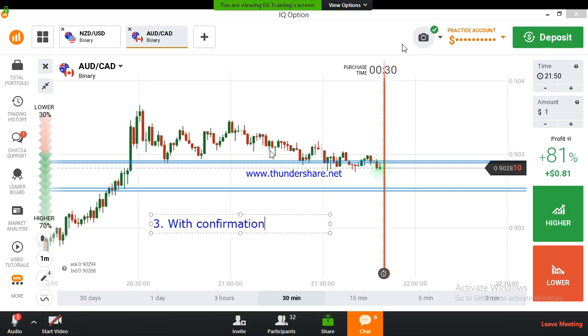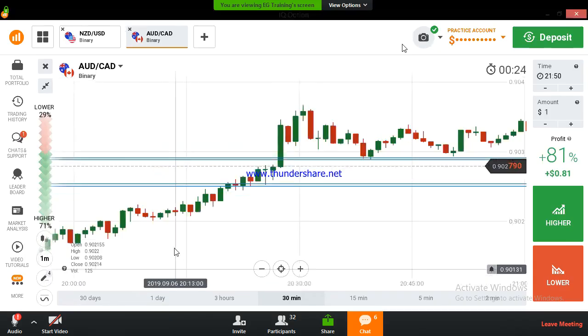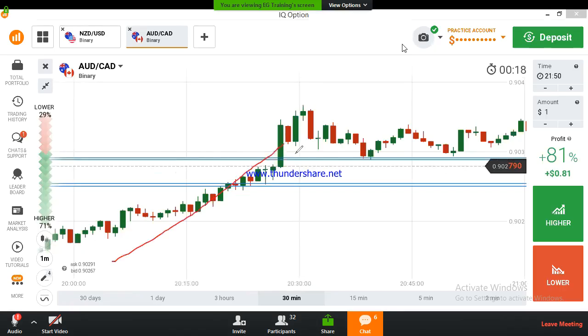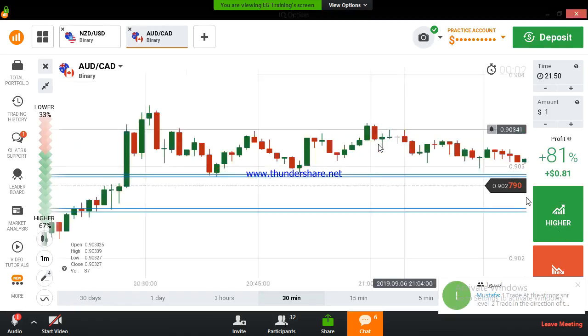Okay, here the trend is uptrend. If you want to place a trade at a strong level, you can place a higher option only here. You can't place a higher option here, right? This is a level. You can place a higher option here in this direction of the trend.